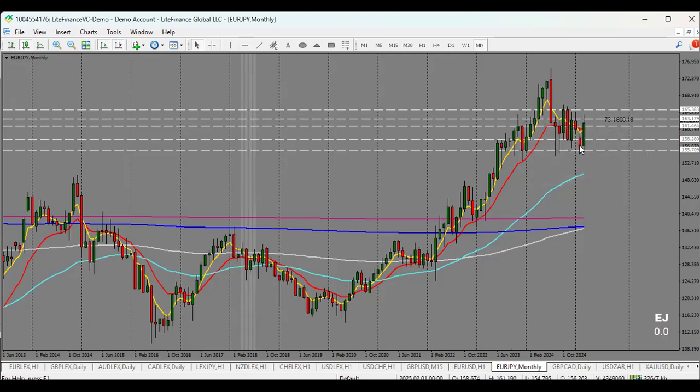Okay, so this is a support zone here. This is a very good support zone, and price has been reversing, bouncing around this zone. So once it reaches this zone, you can see price bouncing.